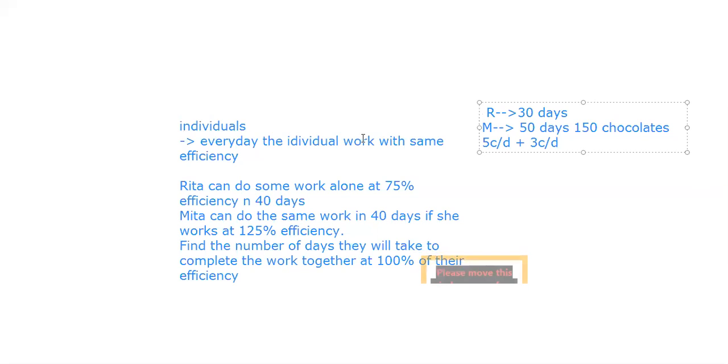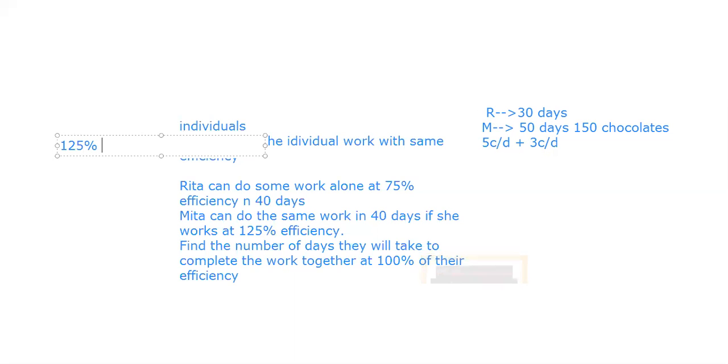Okay, once again. So now efficiency, this is in the ratio 5. See, 125 and 100, what is the ratio? 5 is to 4. So it should be in the ratio 4 is to 5 or not? At 125%, if 40 days, then 100% how many days?